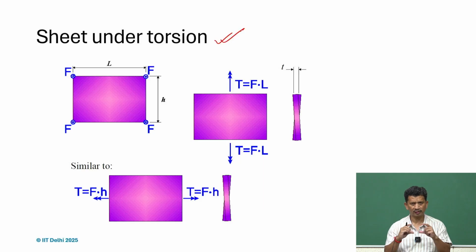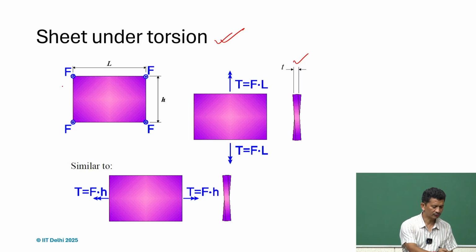If we take a small piece, a sheet with thickness T, and we try to twist it, these are the forces we apply at the ends.